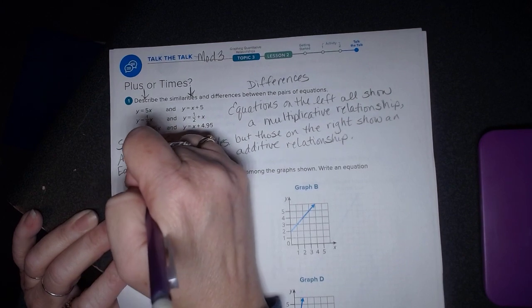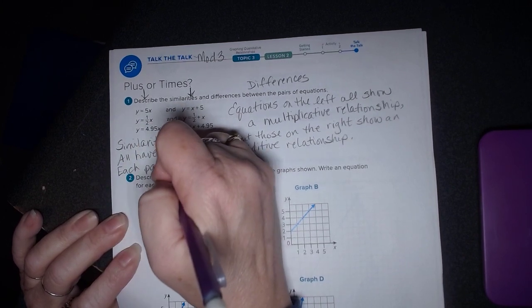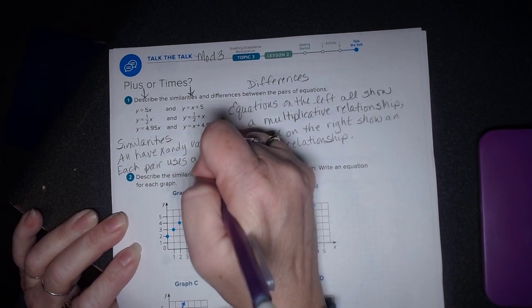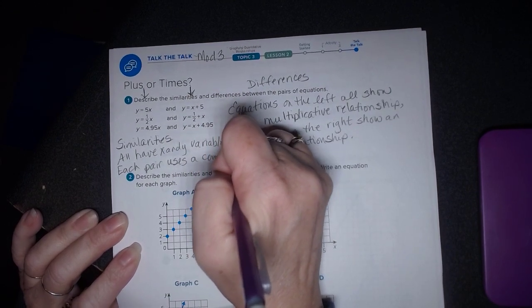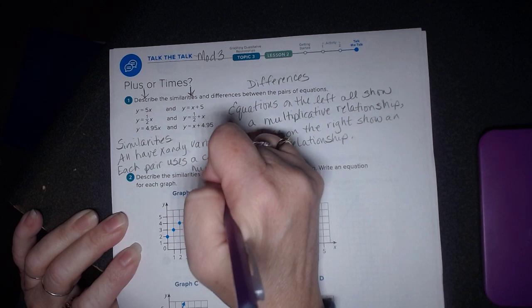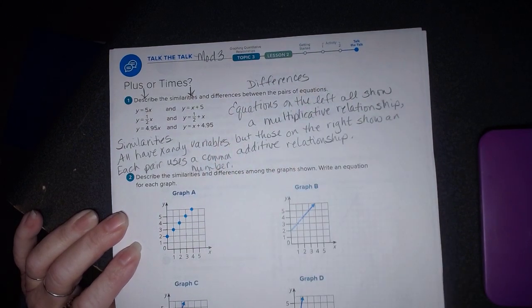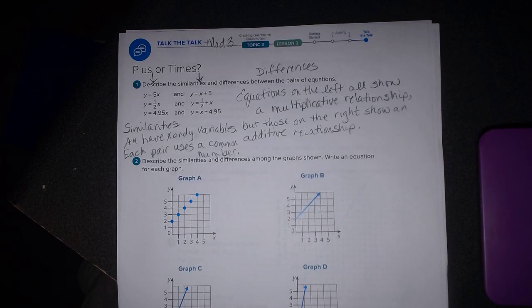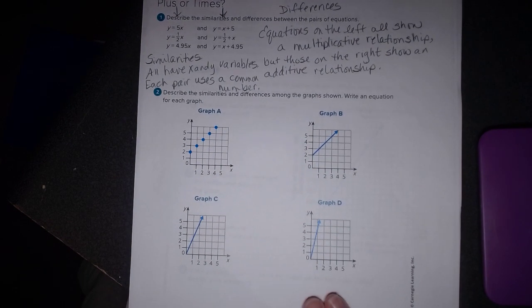And each pair uses a common number. Go ahead and pause so that you can get that written down before you move on to number 2, please.